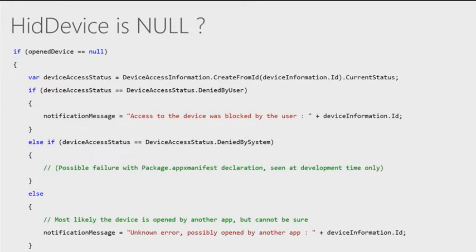This is not a must-do. It's optional additional information in case you want to display some text to the user. But you should be aware that the device object that you get back from the FromIdAsync call could be null.